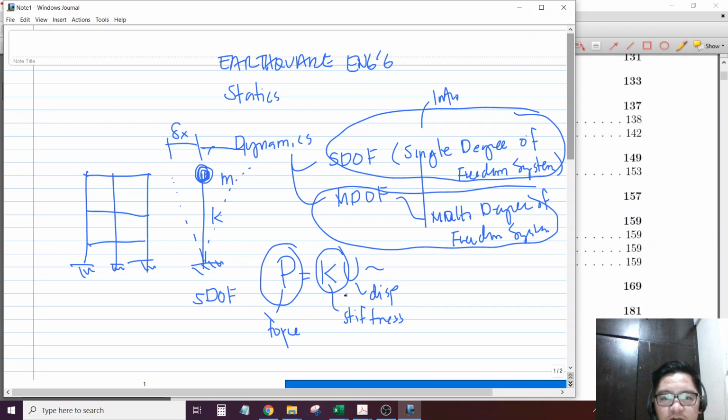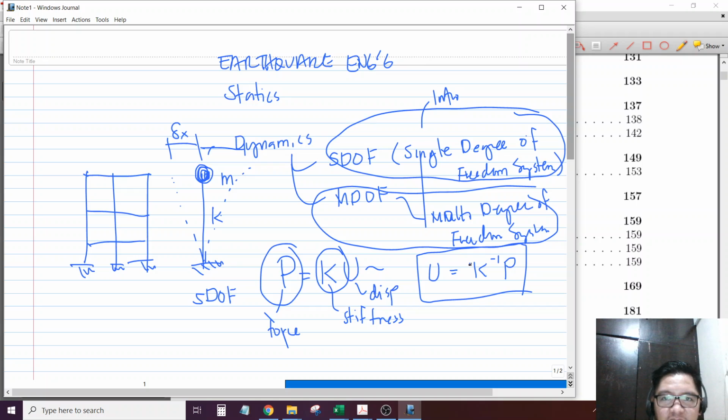When you operate on these to get the displacement, the equation is displacement equals K inverse P. It depends on the size of the matrix you assumed, and the size of the matrix depends on how many degrees of freedom you assumed.